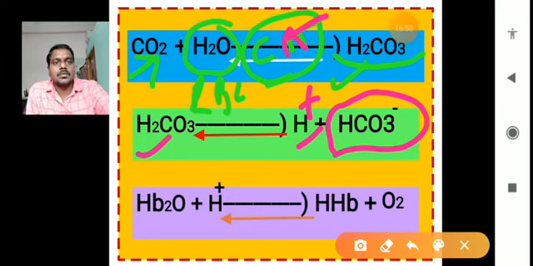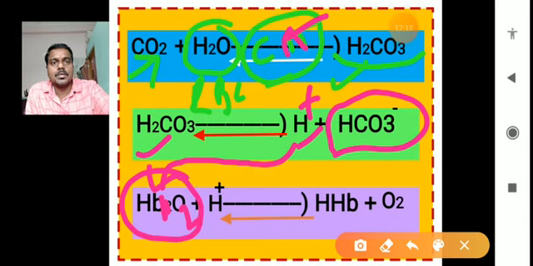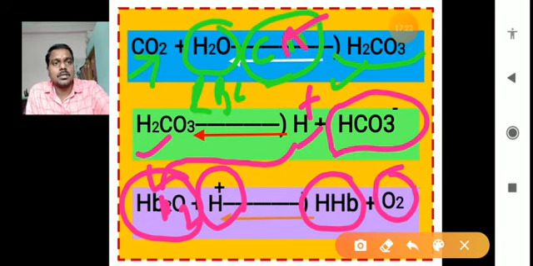These HCO3 minus ions are released from the RBC, and H plus ions again affect HbO2. Actually, it is HbO2, not Hb2O. This is oxyhemoglobin. This oxyhemoglobin affected by the H plus ions forms HHB and releases oxygen in the cell.